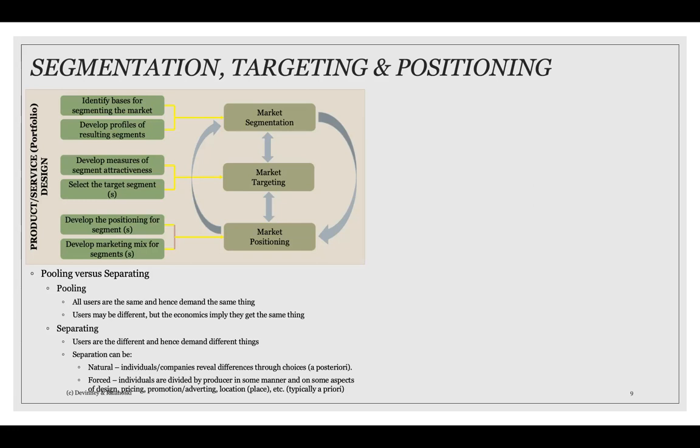And then there's natural separation. In this situation, firms provide different menus of items, and individuals simply select the items which best fit their demand. There may be no a priori analysis associated with this. A company like an insurance company would simply provide you with different co-payment options, different things that can or cannot be insured, and on down the line, and you simply choose the best one for you.